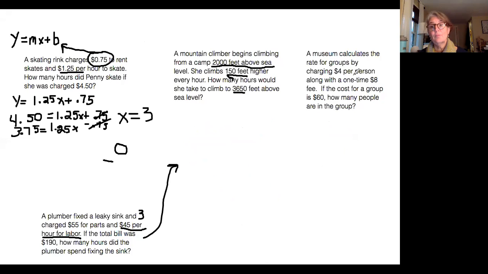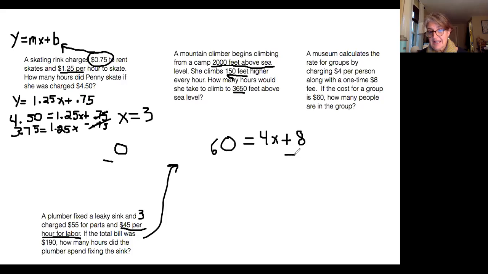So there's our slope, our M value, and a one-time $8 fee. If the cost for a group is 60, how many people are in the group? Well, again, let's set up our equation. The cost is 60, and we know that the cost is $4 per person and an $8 one-time fee per group.